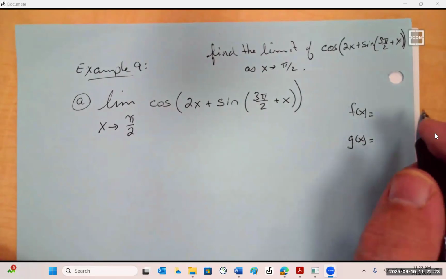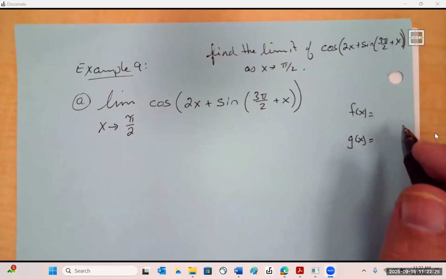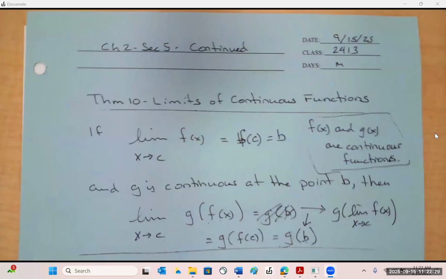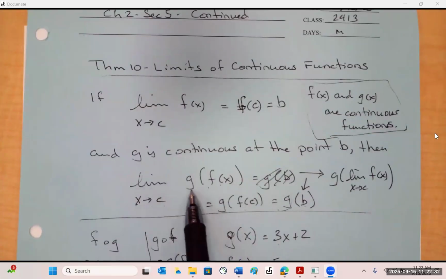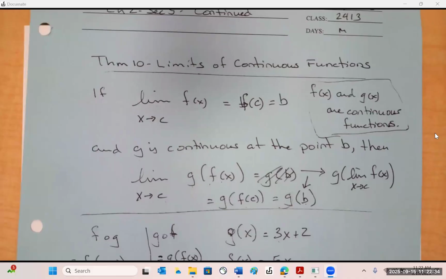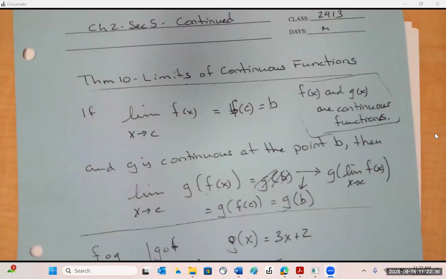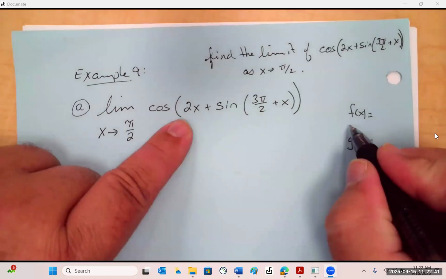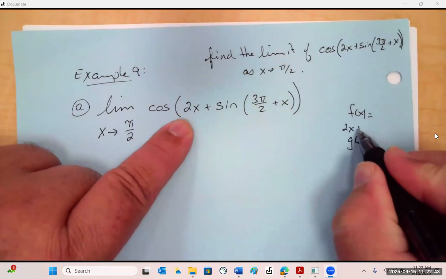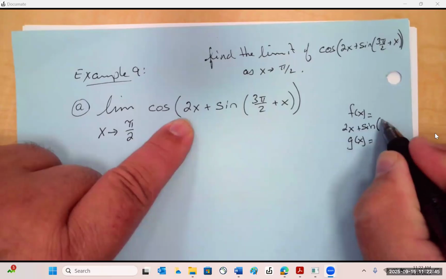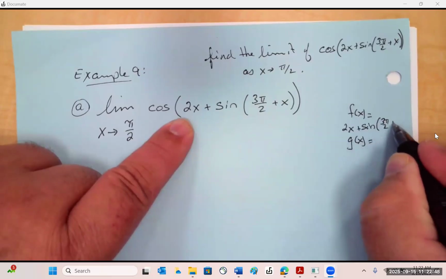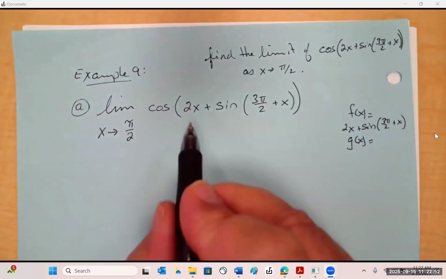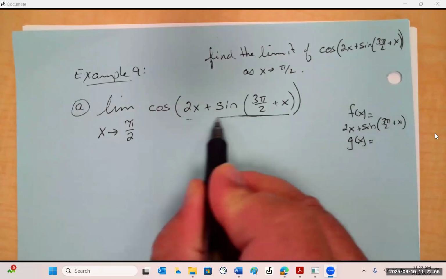No. Theorem 10, the limit of g of f of x. F of x is the internal function. So the f of x is what's inside. It's 2x plus sine 3 pi over 2 plus x. That's f of x, the interior function.